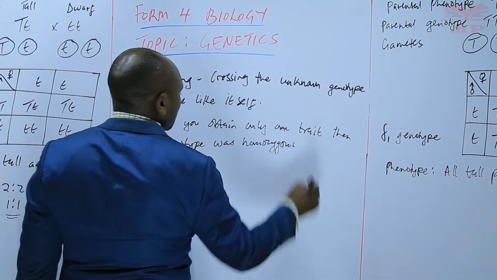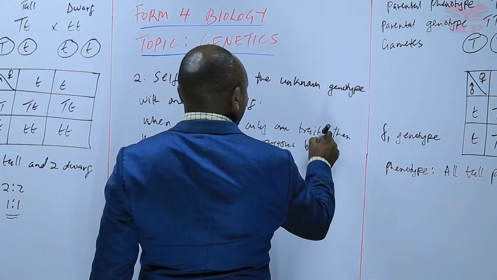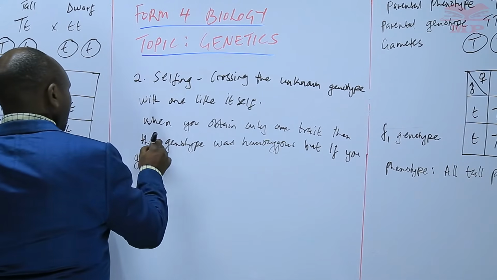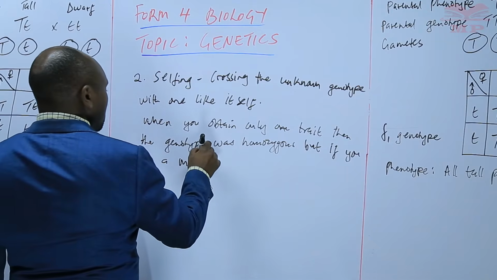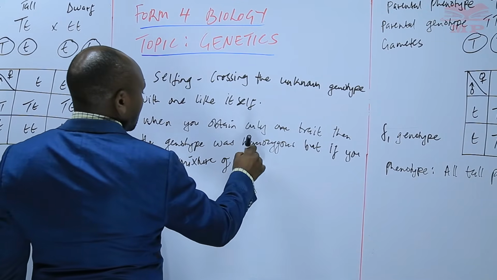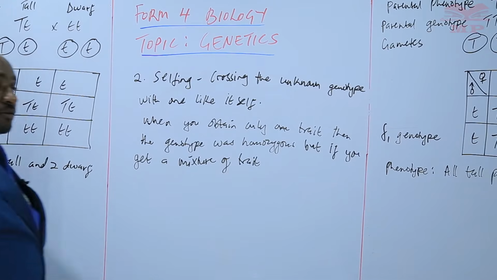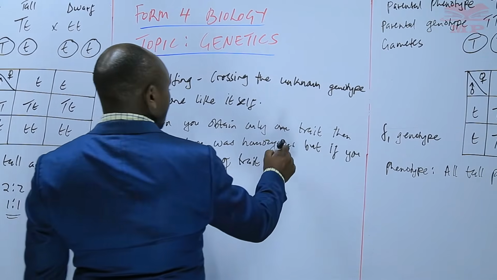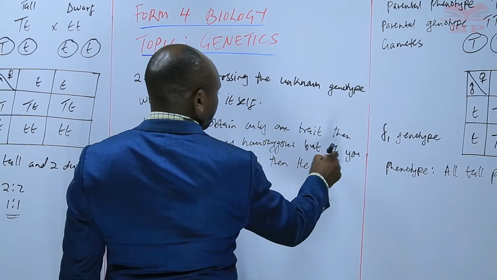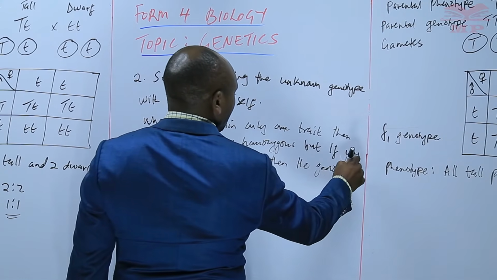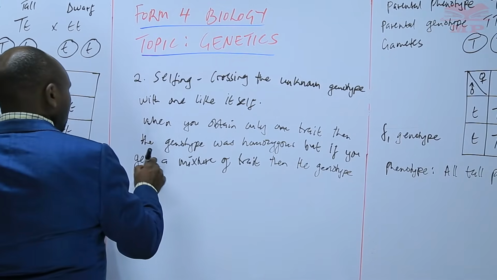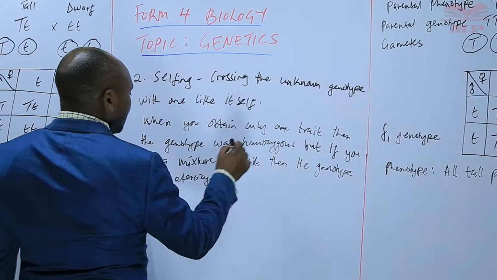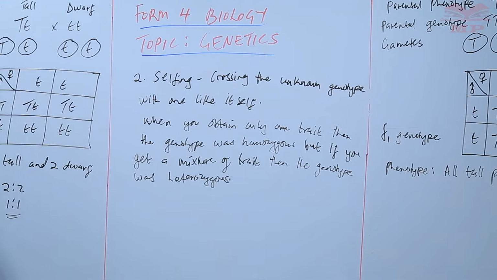But if you get a mixture of traits, like the tall and dwarf mixed together, then the genotype was heterozygous. So selfing is crossing an individual with one like itself.